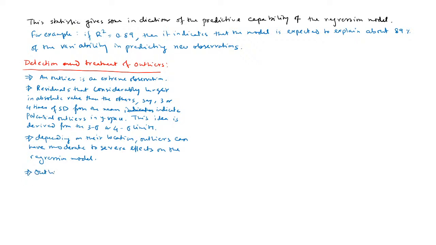An outlier may indicate a model failure for this point.